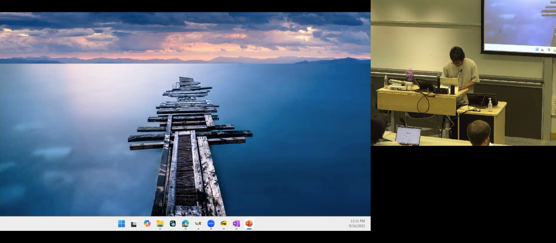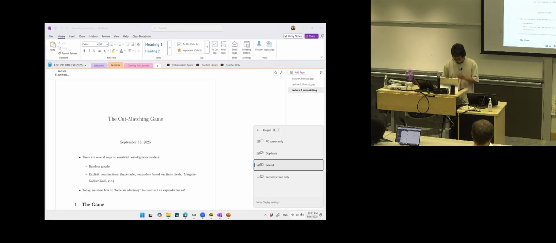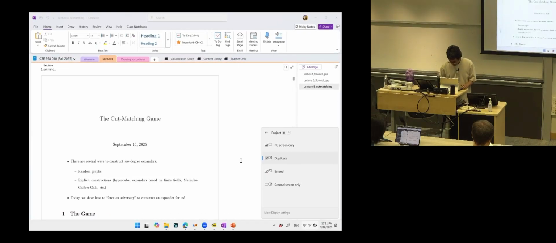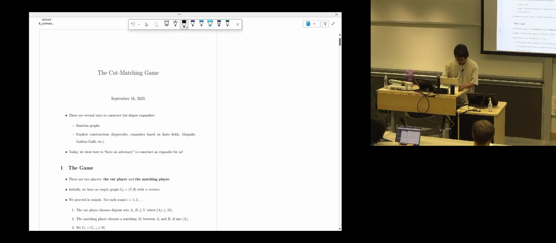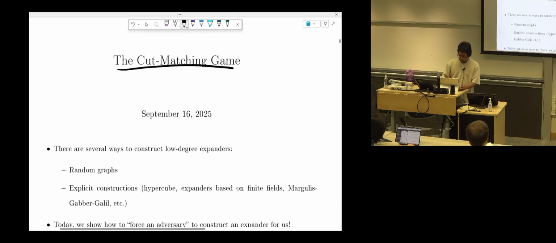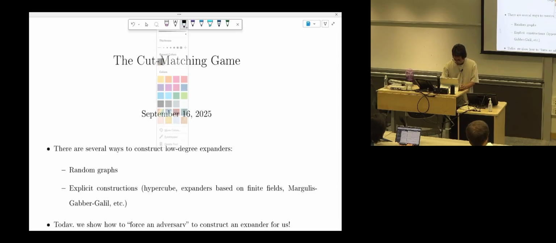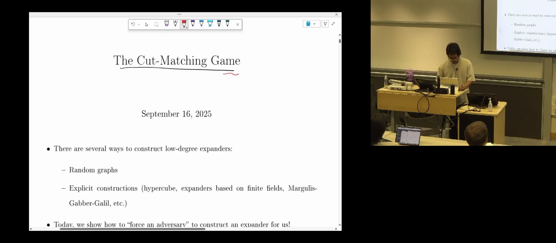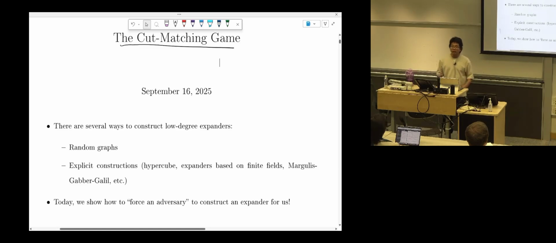So what is the cut matching game? The way you should think about the cut matching game is that it is one way to construct an expander.